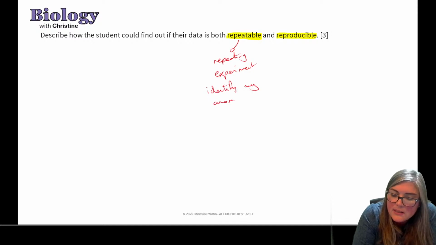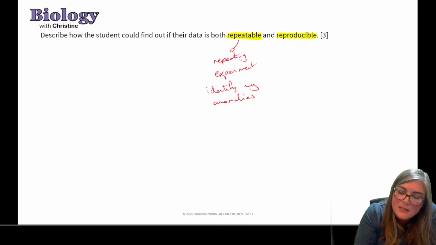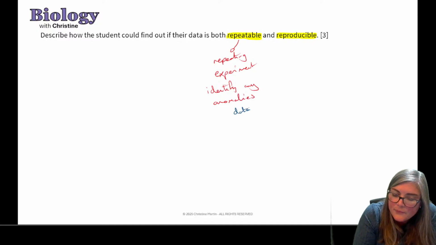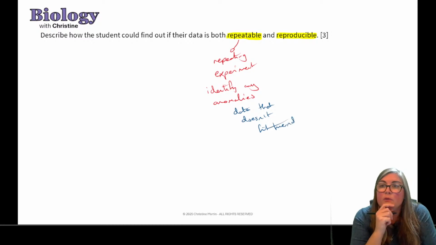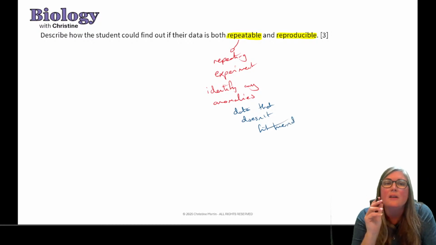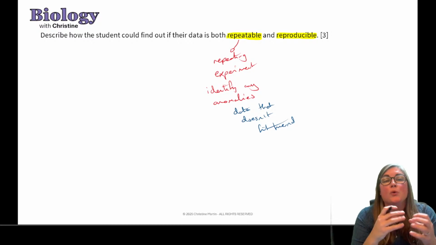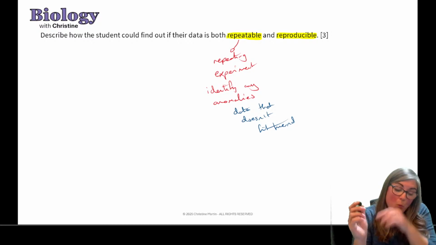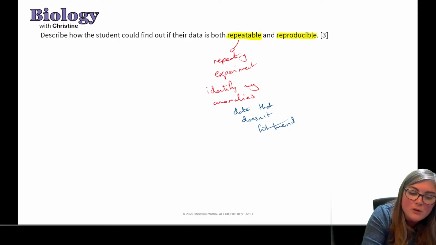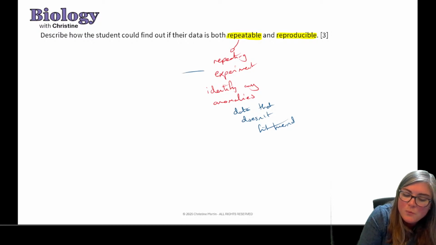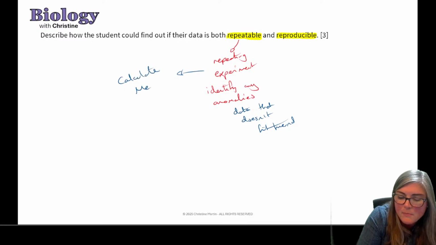any anomalies. And anomalies are data that doesn't fit the trend. So if you've got data that doesn't fit the trend, then that is an anomaly. So by repeating the experiment, what we would normally do through that repetition is calculate the mean.